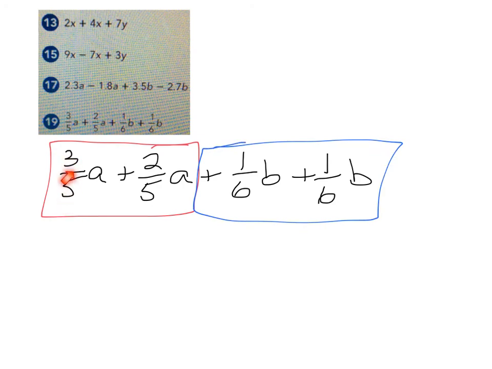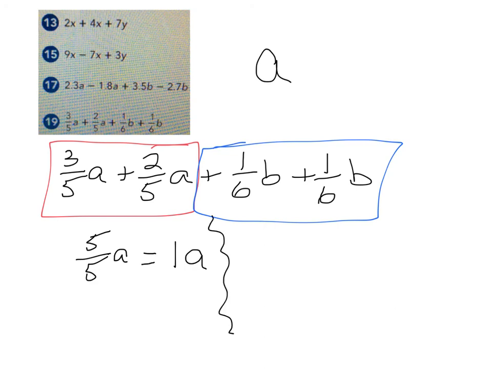All right, for this one, this is just 3/5 plus 2/5. Same denominator, same letter. 3 plus 2 is 5 over 5a, which is just 1a, but we know we don't write the 1, we just put an a. For the second part, if I draw a little line to separate, we're going to look at 1/6 plus 1/6.